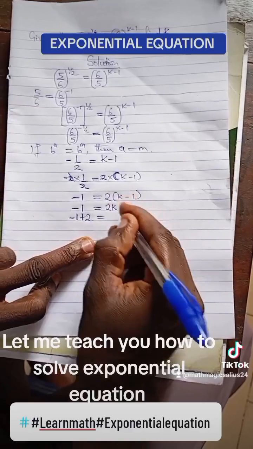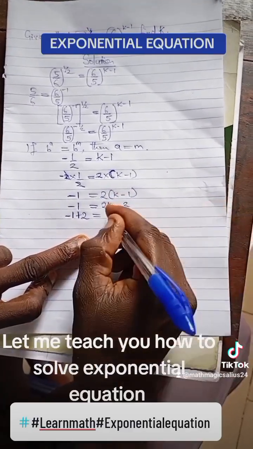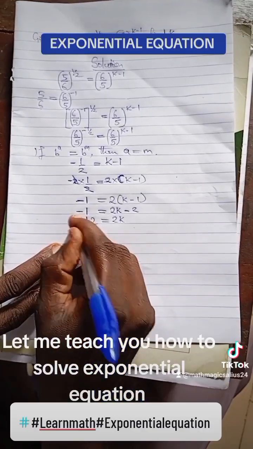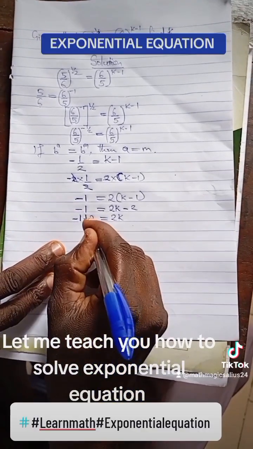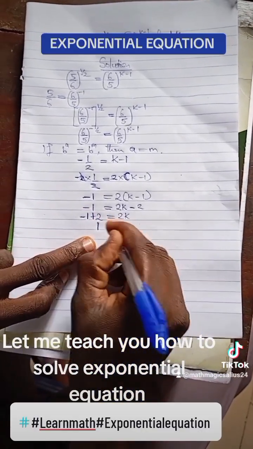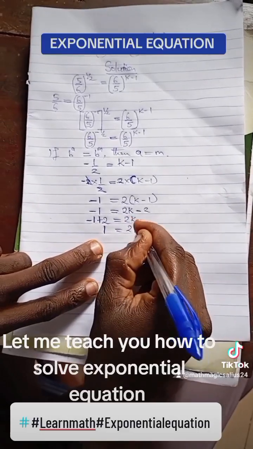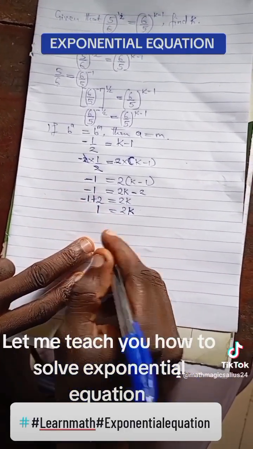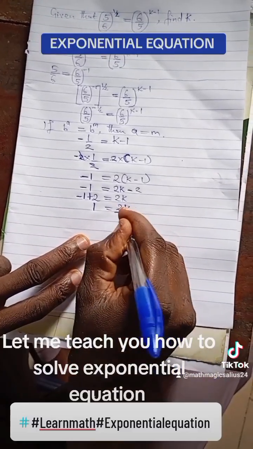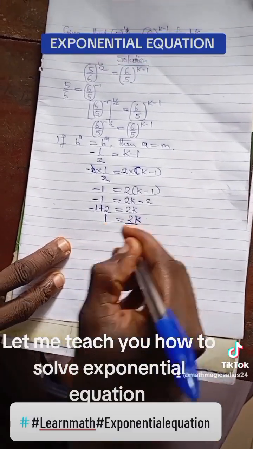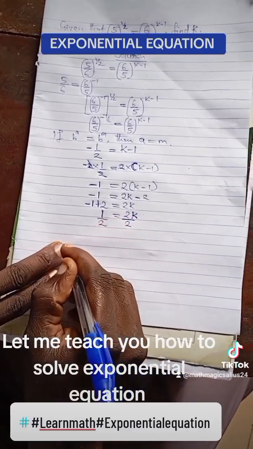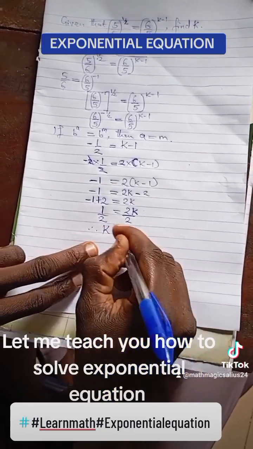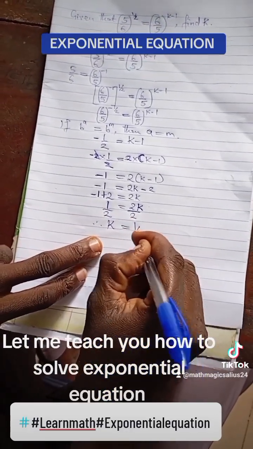So minus 1 plus 2 gives me 1, equal to 2k. Don't forget, we want to find the value of k. Therefore, you are going to divide both sides by 2. So therefore, k is equal to 1 over 2.